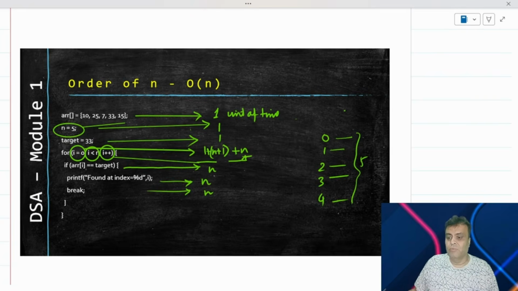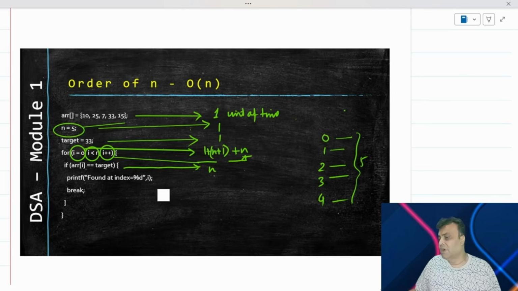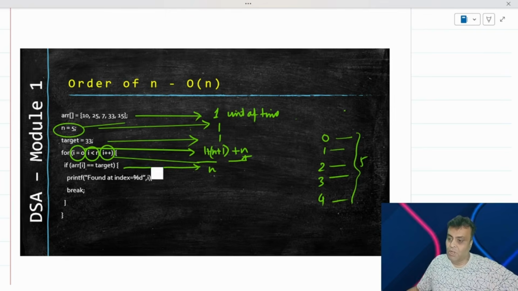Right? So with that, of course, one pinch of salt that you can take is that if this if is not true, the printf and break will not execute. So net, you can eliminate these two and say that one happy path, or one critical path as we call it, takes this particular input only n number of times.